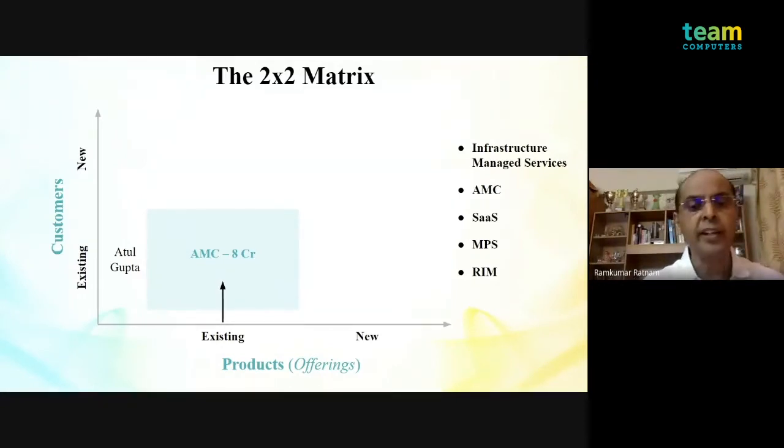So typically, I as a salesperson of managed services would like to enter from the extreme left lower quadrant. I leverage my existing base, since I have goodwill and this part of the organization has worked with my other business units. I use my existing offering, which has been my strength.